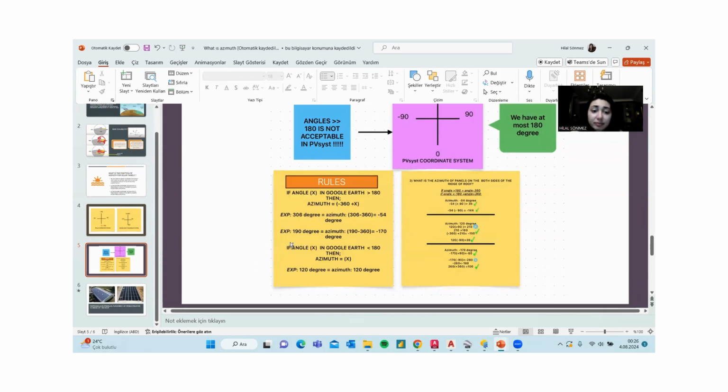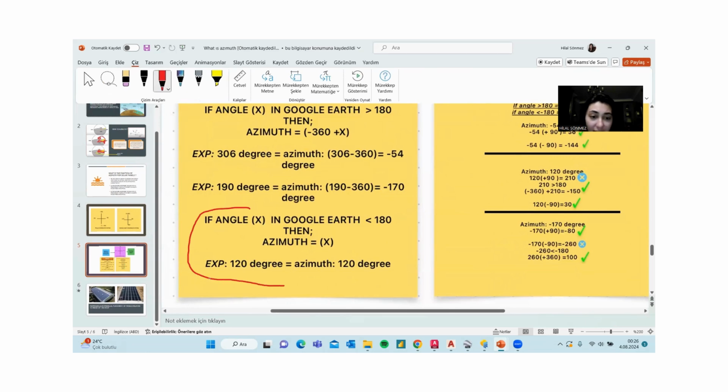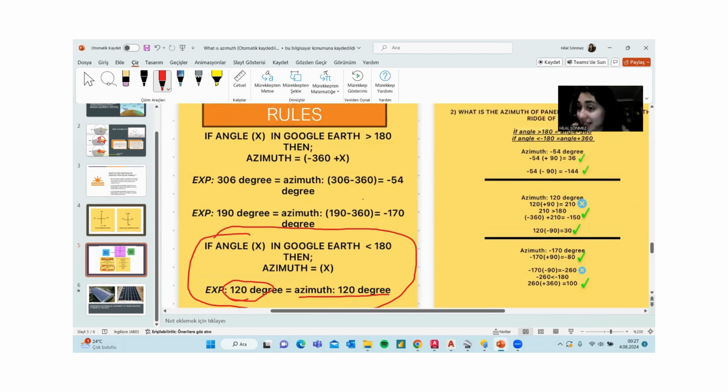If the angle in Google Earth, say X, is less than 180 degrees, we are in a safe region, so we can use exactly that angle in Pvsyst. It is compatible and can be used safely. For example, if we get 120 degrees for the azimuth of the roof, then we can safely say it is also acceptable in Pvsyst because the angle is less than 180 degrees.